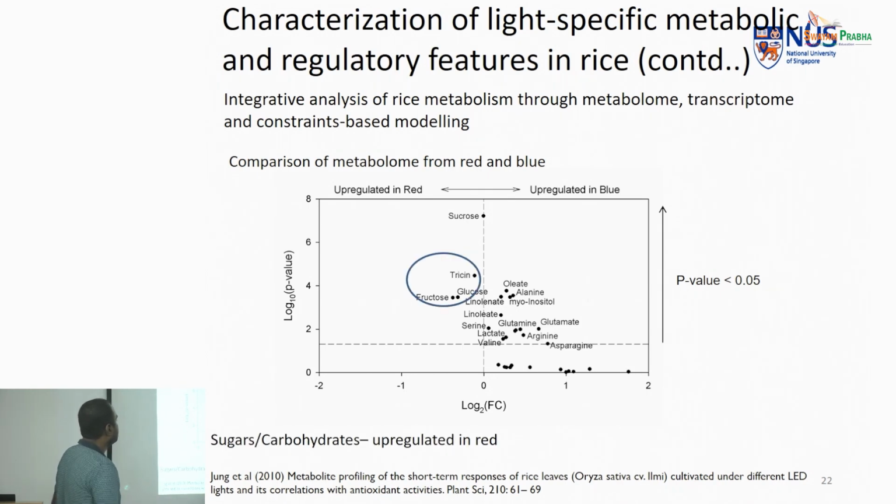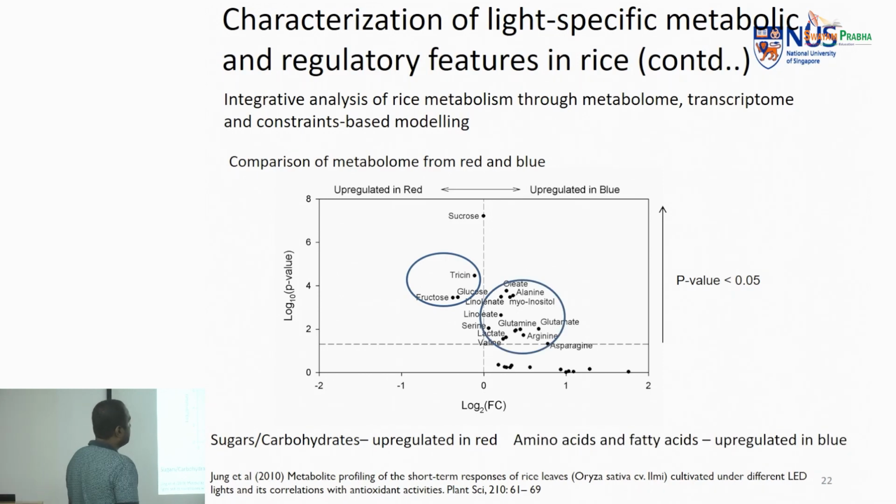This showed that for the primary sugars such as fructose, glucose, and even sucrose, there was not much of a difference. But trypsin, they were actually higher in red. But on the other hand, amino acid metabolism and other carotenoid metabolites were higher in blue.